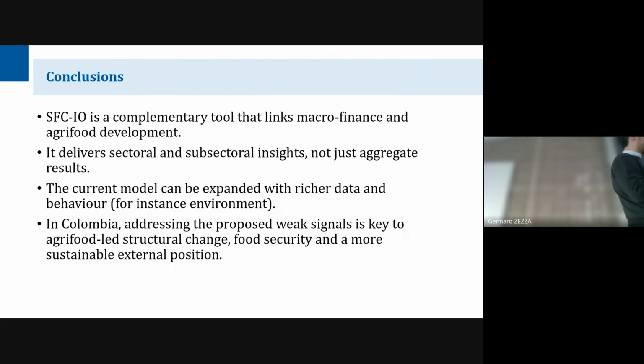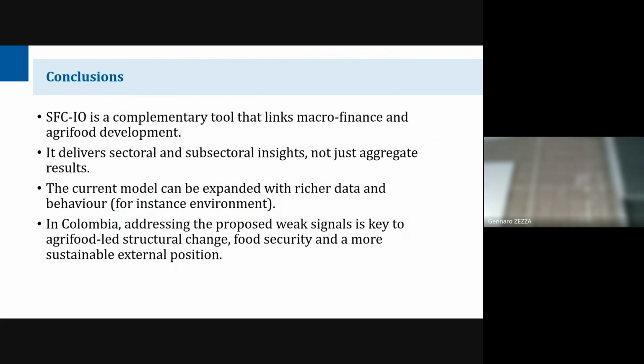And as mentioned, the model is just the beginning. So again, we recognize that the environment is not treated. Also, maybe we can add energy requirements.